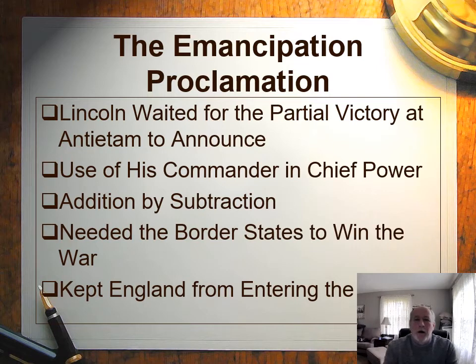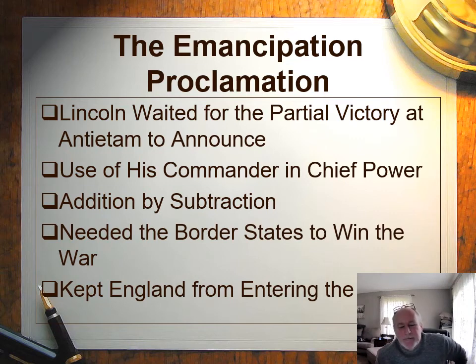So the more Black Americans that he could take from the southern side to move those men to fight on the Union side, the more men that he could use in the front lines to fight the war. So as the South was getting weaker, the North was getting stronger. That's what I mean by addition by subtraction. And again, like I said earlier, he needed the border states to win the war, and that's why the Emancipation Proclamation, in my opinion, didn't count towards the border states.